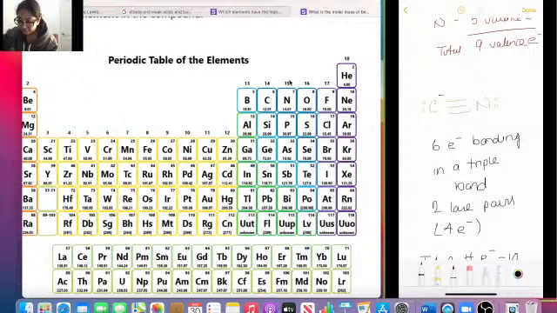And this is why cyanide has a negative charge, while the other ones had a positive value. And so this is basically the answer.